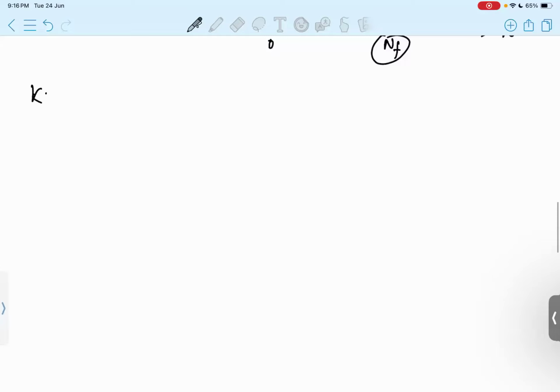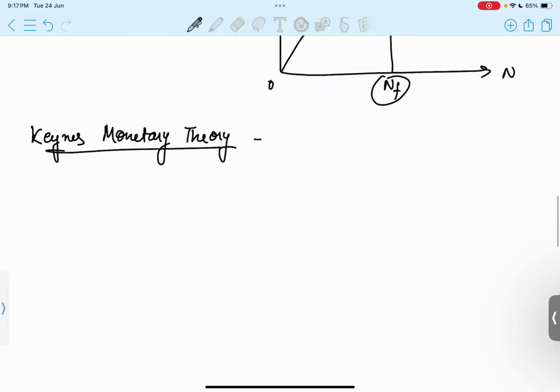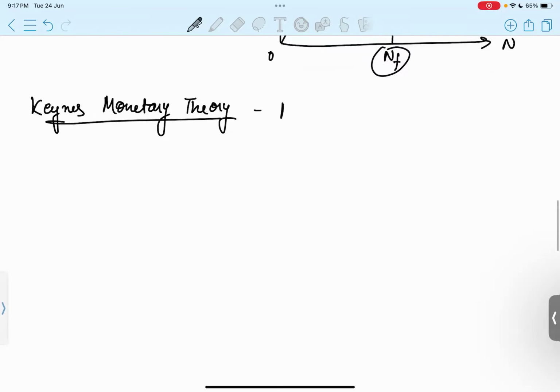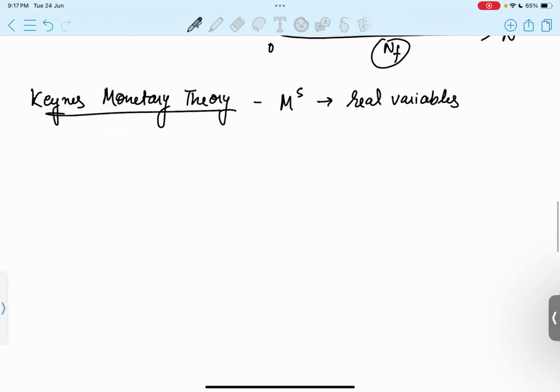Thirdly, we will talk about the Keynes monetary theory. So Keynes, his beliefs were completely opposite to that of the classicals. He believed that money plays an important role in deciding the real variables. So he explained the direct relationship between them, how that works.